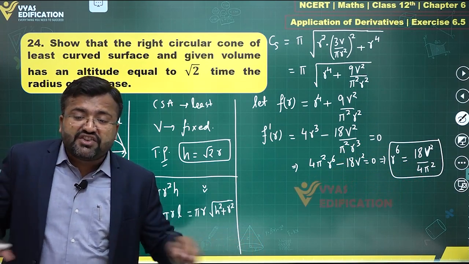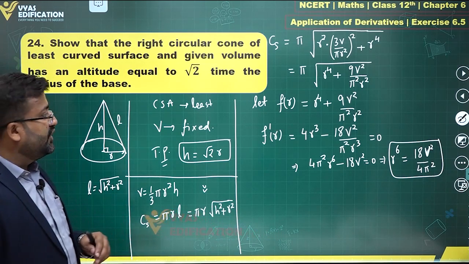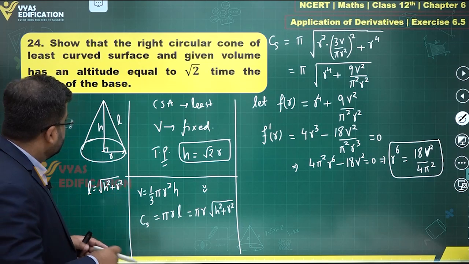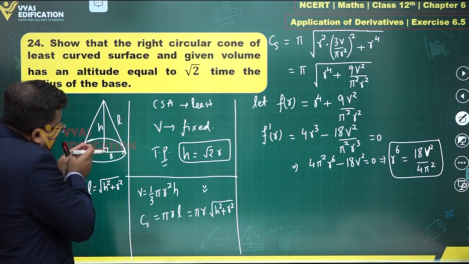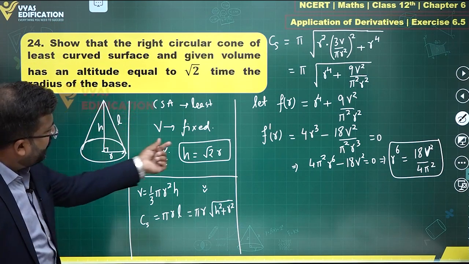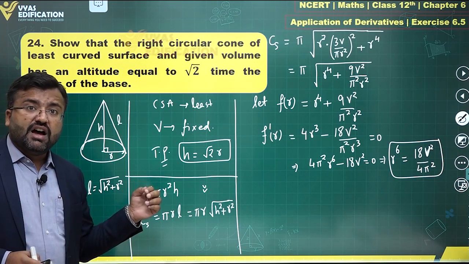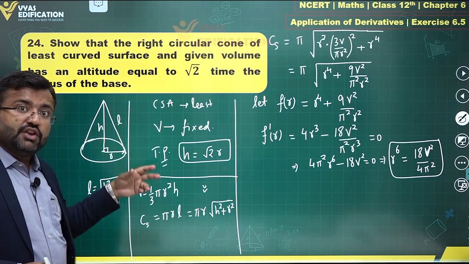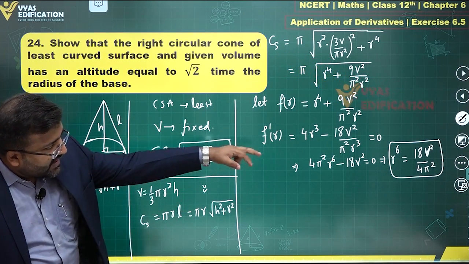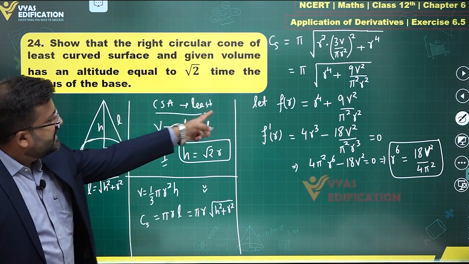Since the volume is fixed, the surface area will have to be very huge, as the radius of the base will be very huge, and that will be a peak of curved surface area. What else? If we reduce r by quite some value, then we'll have a very tall cone, so that the volume is fixed, and in that case the curved surface area will be again huge. This length will be huge, and in that case the curved surface area will again be huge. So the minimum value occurs at some middle point, and that is the middle point at which the curved surface area comes out to be least.